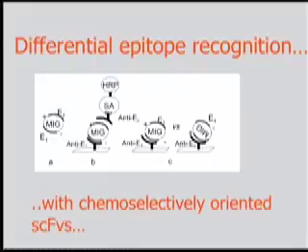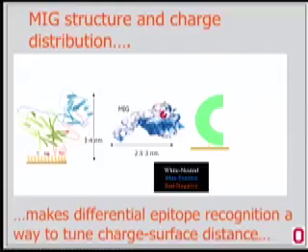So if I use as a receptor an antibody that recognizes a particular epitope, and compare that to another antibody that recognizes a different MIG epitope, one would expect that the charges on the surface of MIG would be moved relative to the sensing surface. So this is one way in which one can tune the sensitivity of the device, but you can only take advantage of this if you have access to chemoselective conjugation.